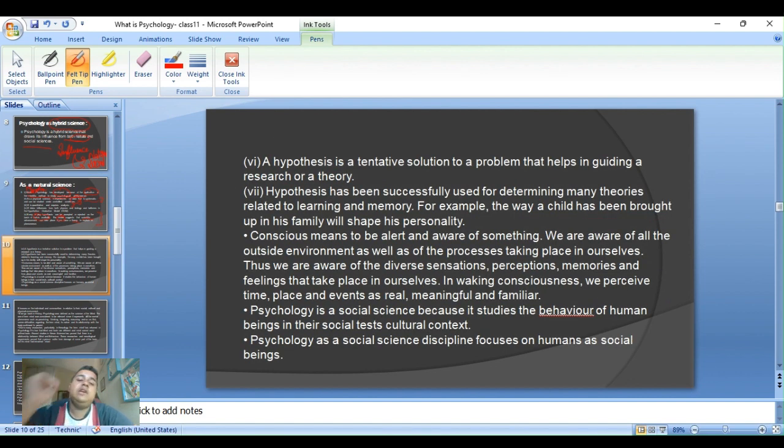A hypothesis is a tentative solution to a problem that helps in guiding a researcher. So hypothesis एक tentative solution है to a problem that helps in guiding a research. अगर कोई research करे theory में तो एक hypothesis बनाना पड़ता है because it's a tentative solution to that problem or to that theory. Hypothesis has been successfully used for determining many theories related to learning and memory.